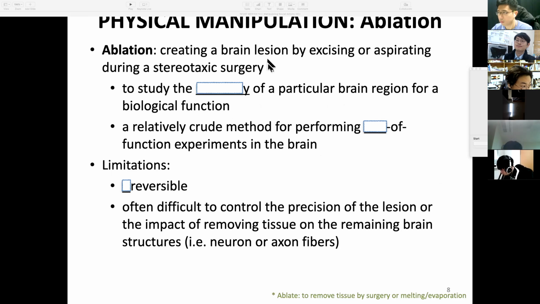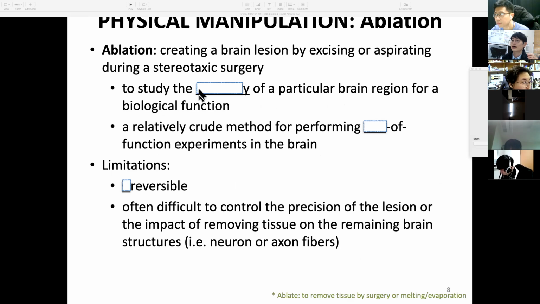Physical manipulation. Ablation is basically removing tissue by surgery, melting, or evaporation. So we create a brain lesion by excising or aspirating, or by suction, which you can do during stereotactic surgery. Why do we want to do this ablation?